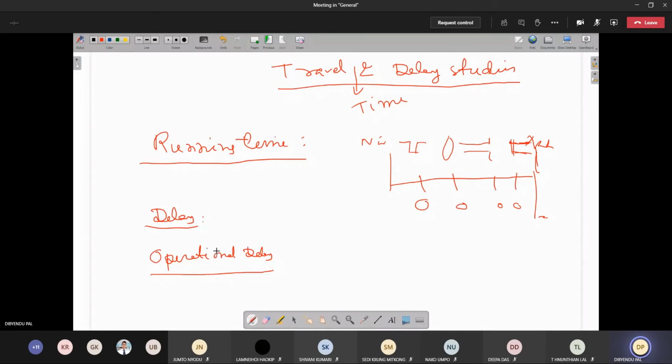The delay because of the traffic jam is the operational delay, because the operation on that particular section is not well managed. If it was managed properly, then there should not be any kind of traffic jam, so there should not be any kind of delay. So this delay is because of the lack in operation.